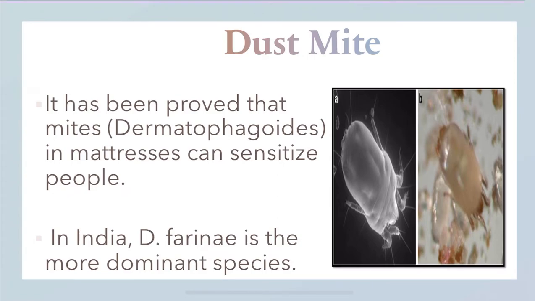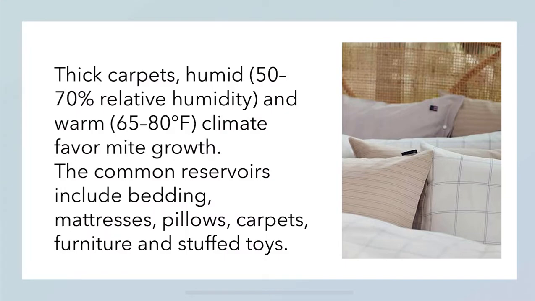and produce allergic rhinitis. In India, D. farinae is the most dominant dust mite. Thick carpets, humid 50 to 70% relative humidity, and a warm 60 to 80 degree Fahrenheit climate will favor mite growth. So mite growth requires humidity and a warm temperature of 65 to 80 degrees Fahrenheit.